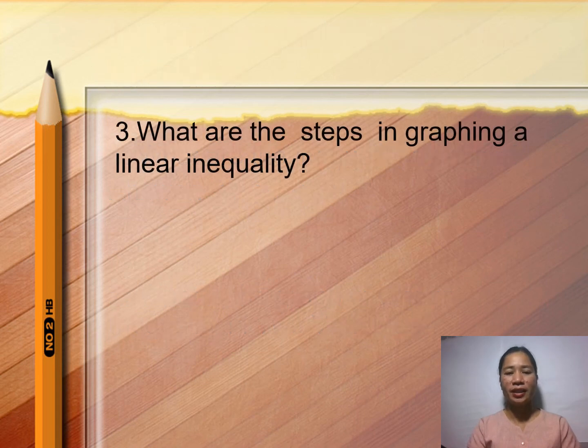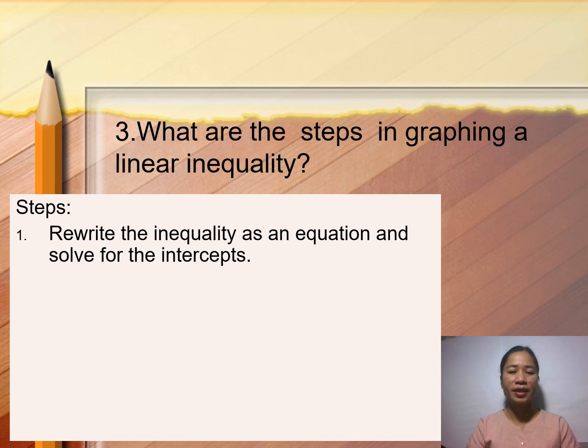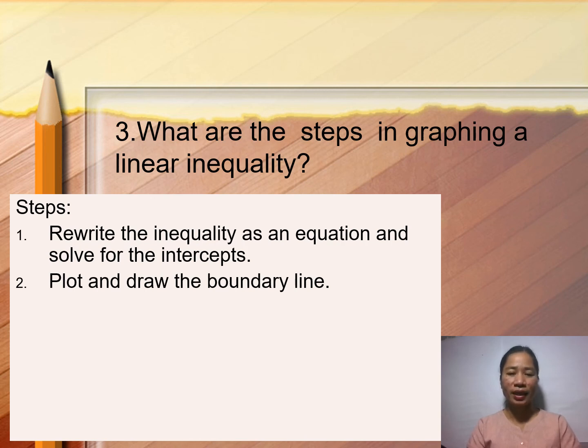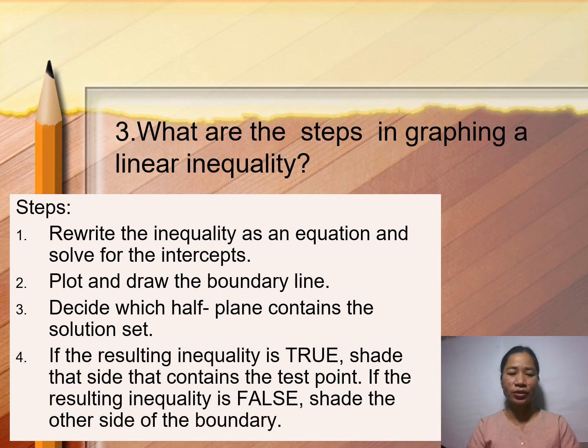Okay, what are the steps in graphing a linear inequality? We have: rewrite the inequality as an equation and solve for the intercept. Plot and draw the boundary line. Decide which half plane contains the solution set.